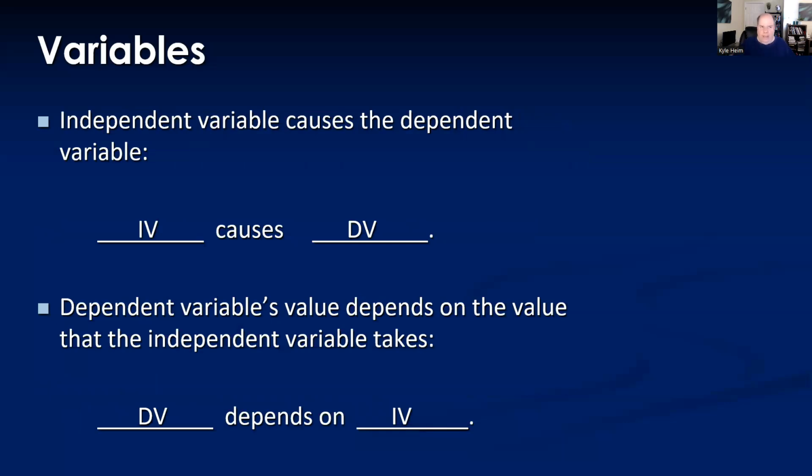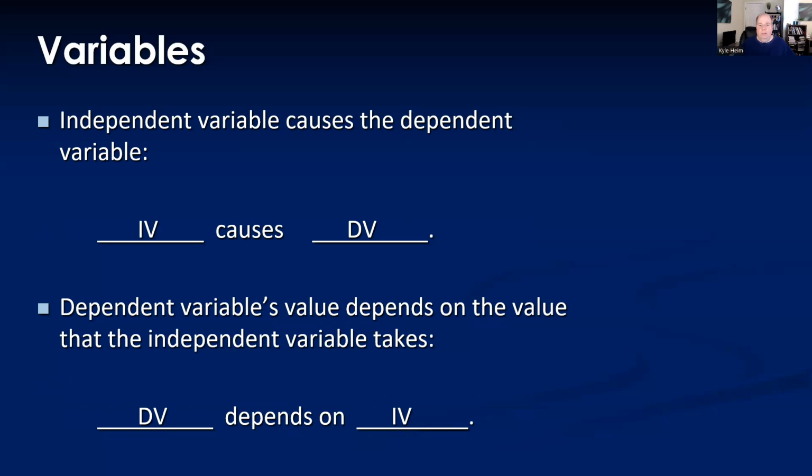So one way to think about these is to think of it as the independent variable causes the dependent variable. The IV causes the DV. Or the way other people think of it, and either of these is fine, whichever works best for you, is to think of it in this manner.